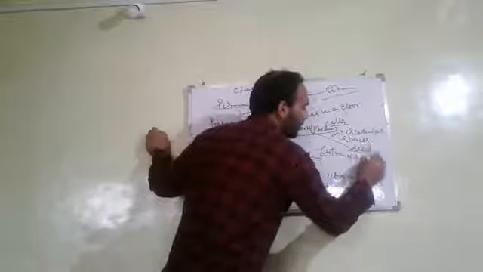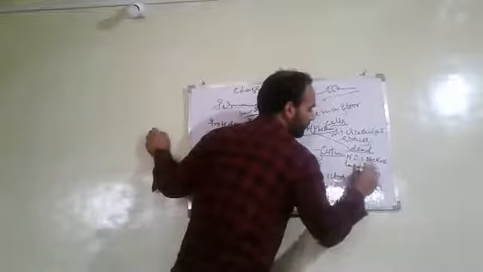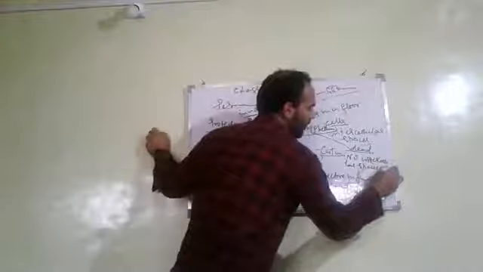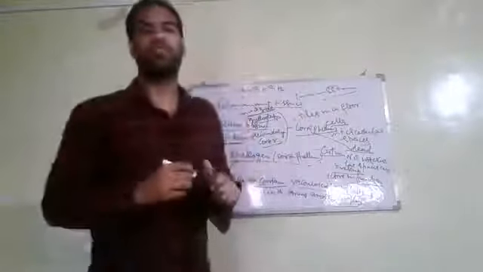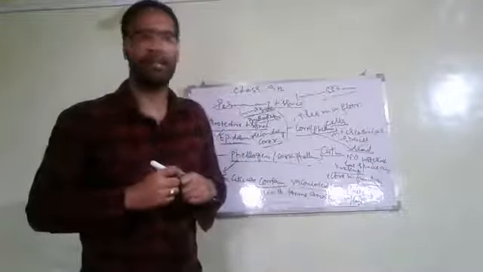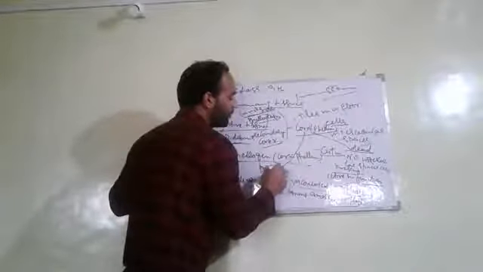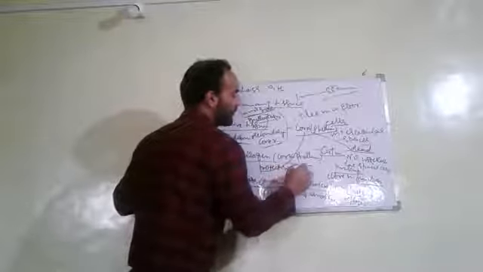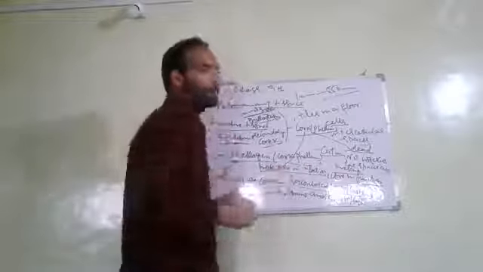No intercellular spaces are present between these cells. So what is the function of cork? The function of cork is also protective. It protects the plants from infection, or from entry of pathogens into the plants.